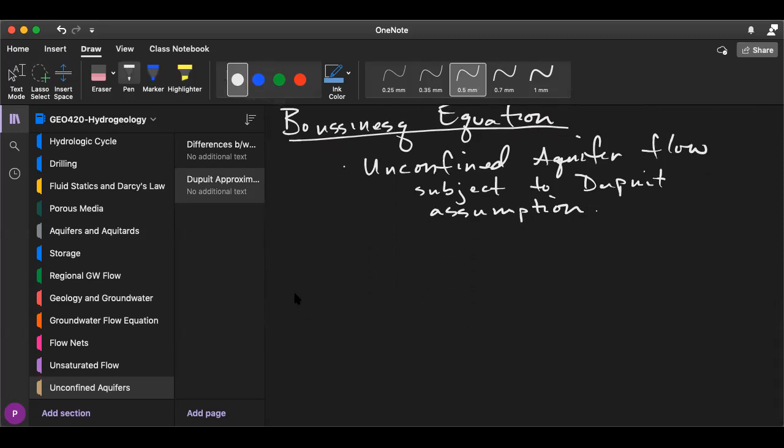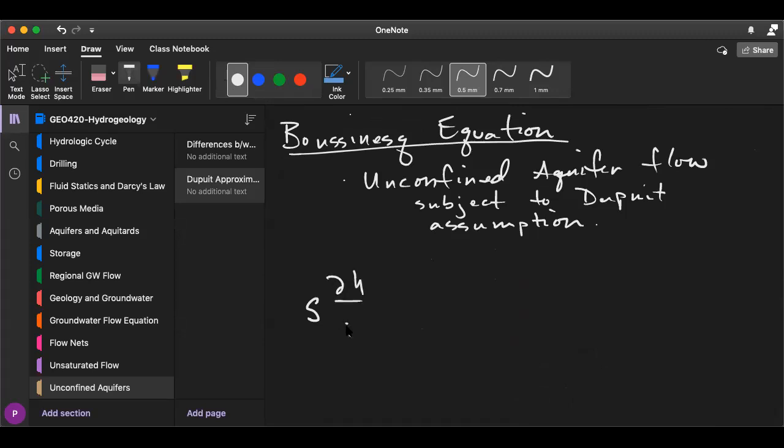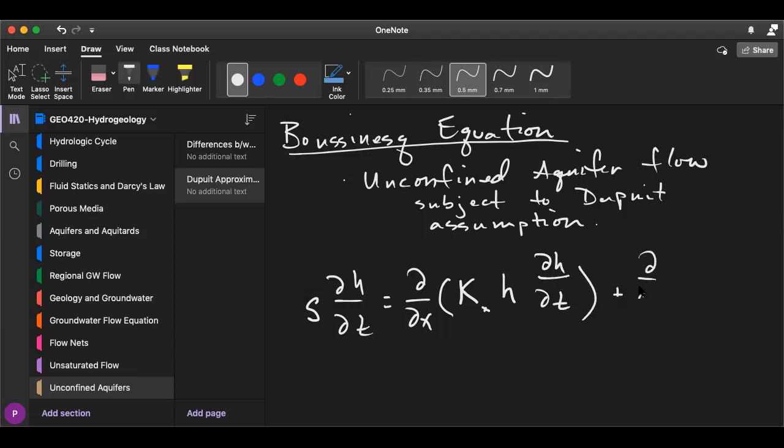All right, and it is this: the storage S dH dt is equal to d dx of K sub x times h times dH dx, plus d dy of K sub y times h times dH dy.